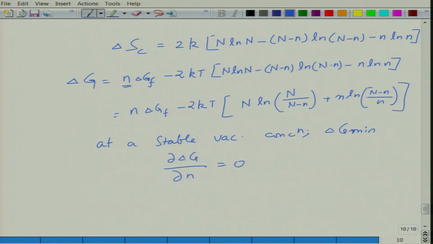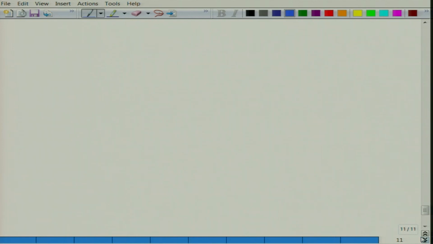We must get some solution at that point, and we also assume capital N minus small n is almost equal to N, because small n is very small, of the order of ppm or even lower. So, if we make that approximation, then we can work this out as small n divided by capital N, which is equal to exponential of minus delta Gf divided by 2kT.